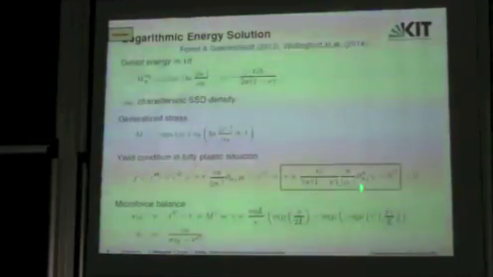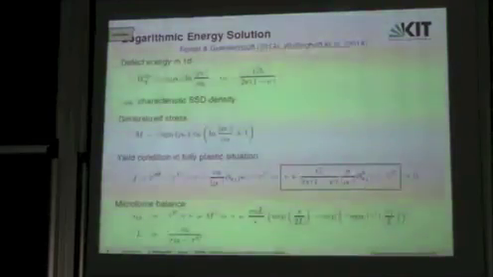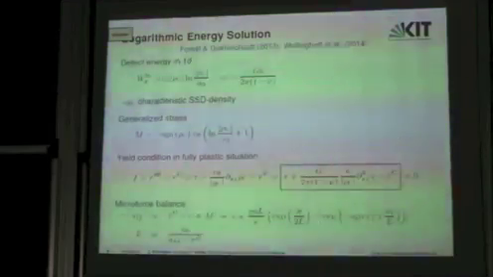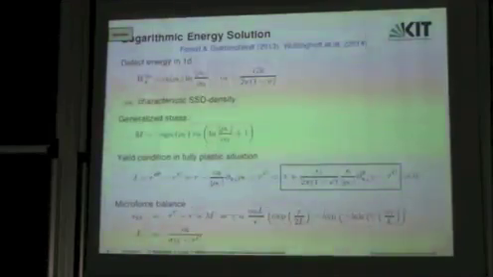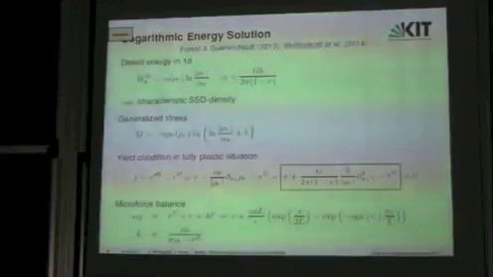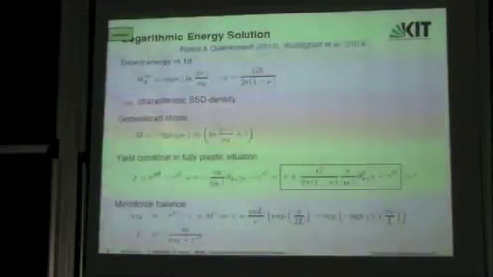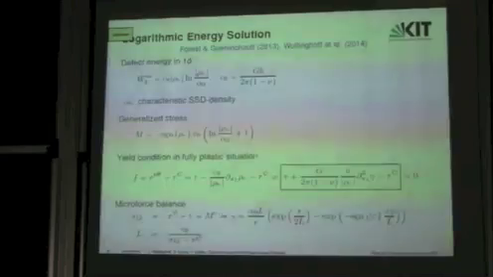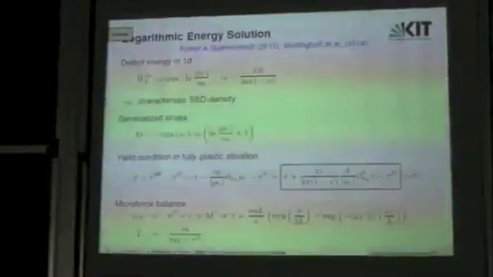And maybe some of you know the work of Groma et al. from 2003. What they did is they started from discrete dislocations and the elastic fields of discrete dislocations, and let's say in a statistical way derived a statistical dislocation density field theory, and they found an expression for the back stress.